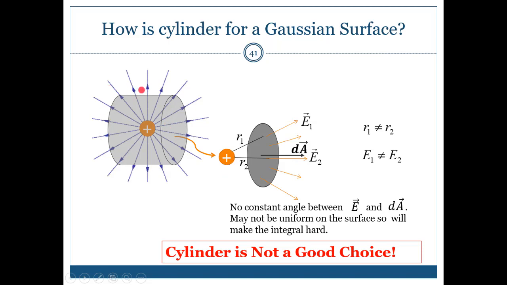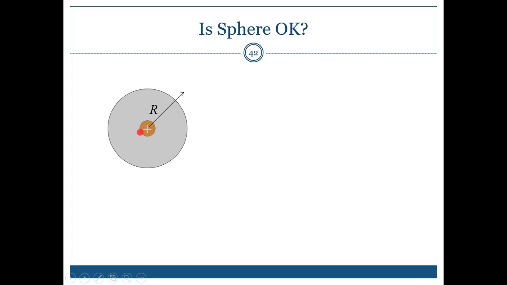So what is that one shape that will give us the same distance to the charge? Well, it's the sphere, right? A sphere centered at the charge. So it can give us the constant distance to the charge, and my E fields on the surface can be the same number, meaning uniform.